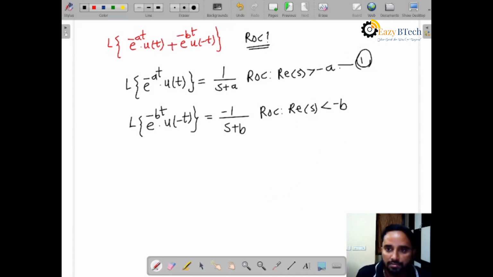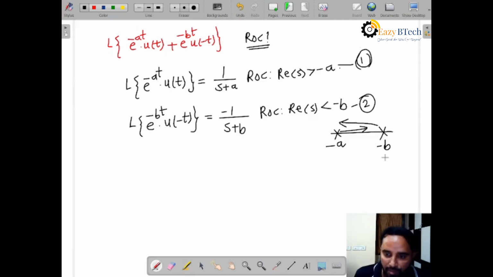Just discuss again. Less than -b means left side. Greater than -a. Suppose this is -b and this is -a.